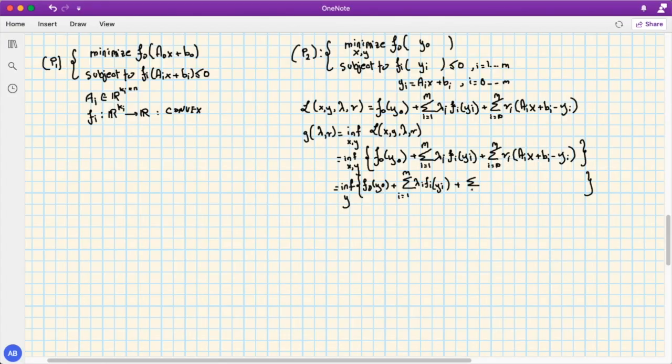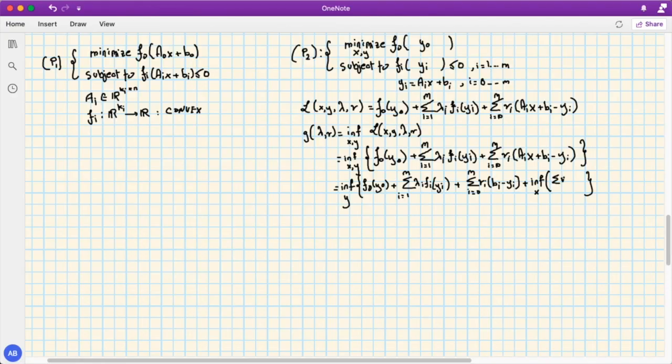So sum i going from 0 till m, nu i times bi minus yi, plus infimum over x of this term, which is, notice that x is common in all the sums, so I can extract it outside as such.